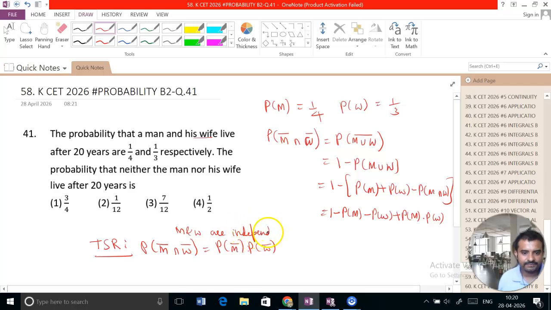According to the result, this implies M bar and W bar are also independent.